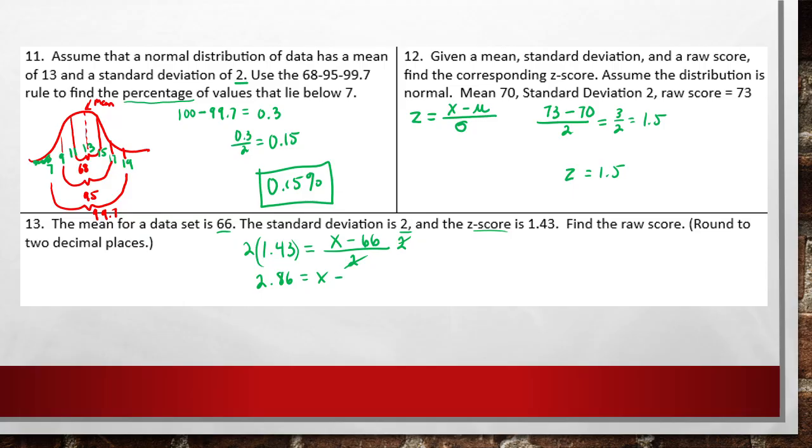Now we're just left with x minus 66, so then the opposite would be adding 66 to both sides. So that cancels right there. And so if we add that, we get x equals 68.86. And that would be your raw score.